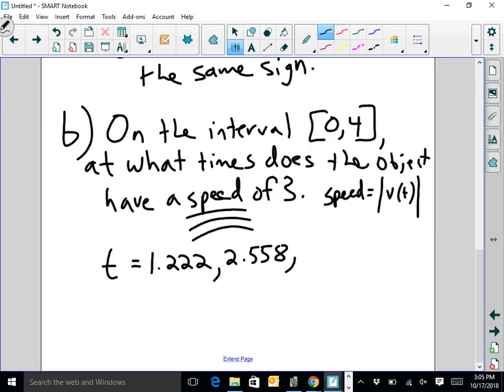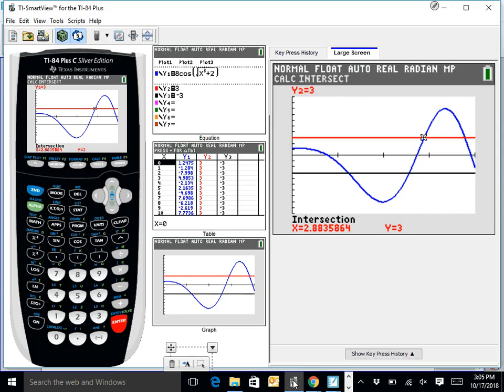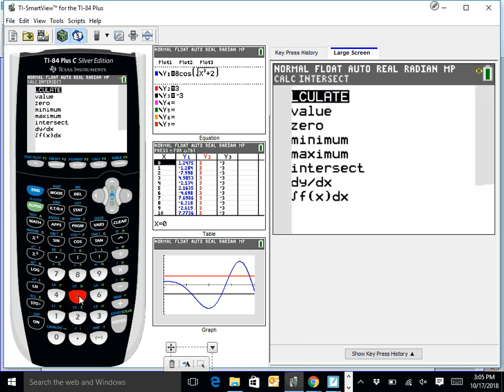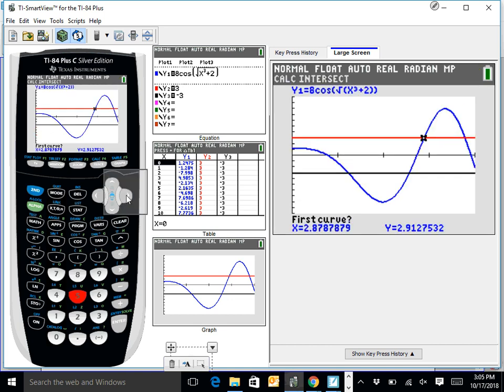And lastly, my last one I get here, this takes a little while, which is why you want to familiarize yourself with the calculator so you can do this quickly on test day. You're not trying to figure out how to use it during the test. And we get 3.775 as our last one.